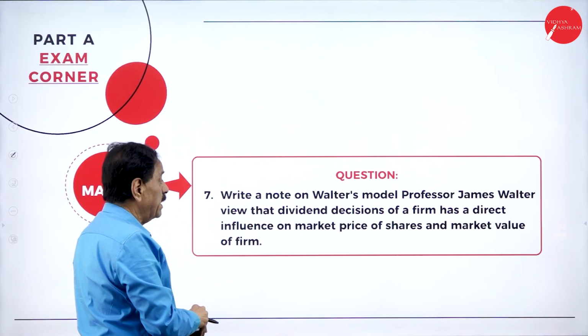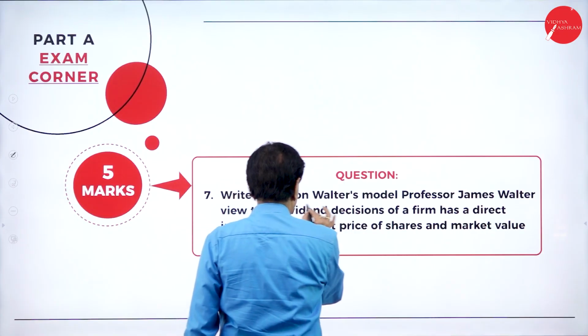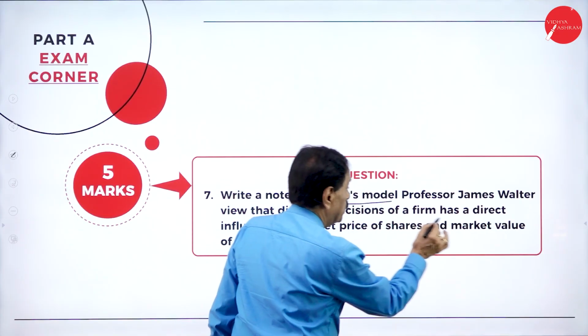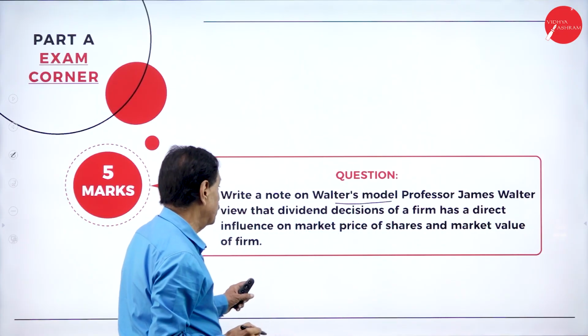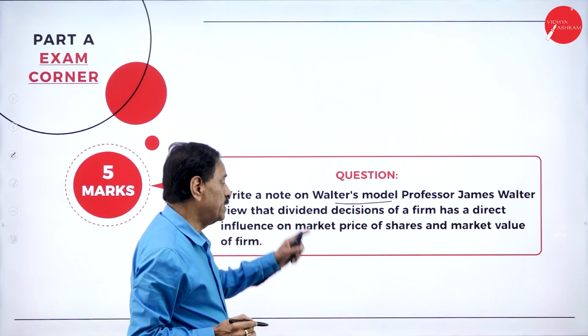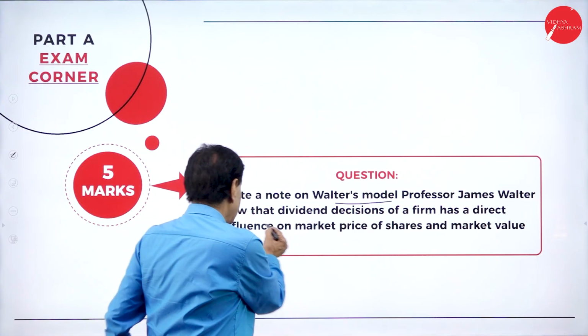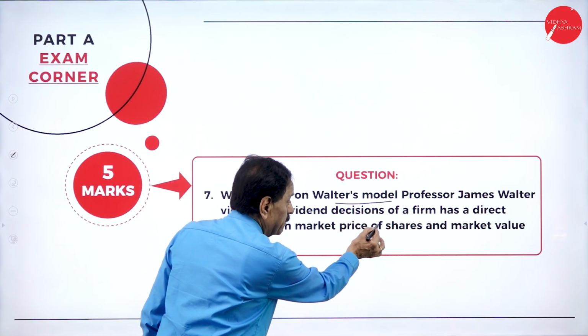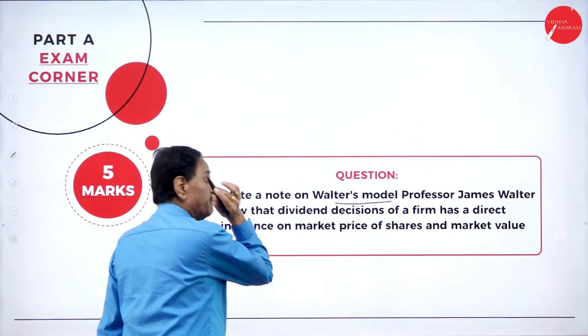Seventh one, write a note on Walter's model. Professor James Walter viewed that the dividend decision of a firm has a direct influence on the market price of the share and the market value of the firm.